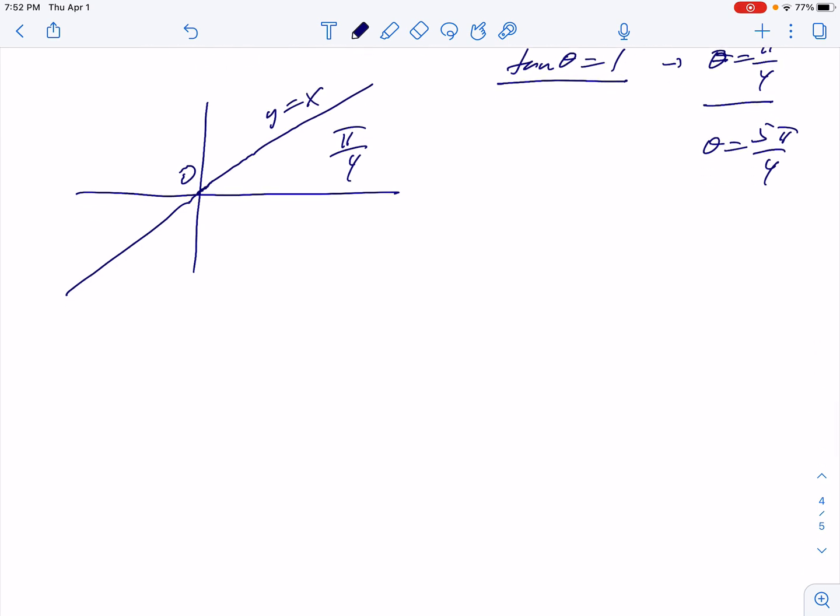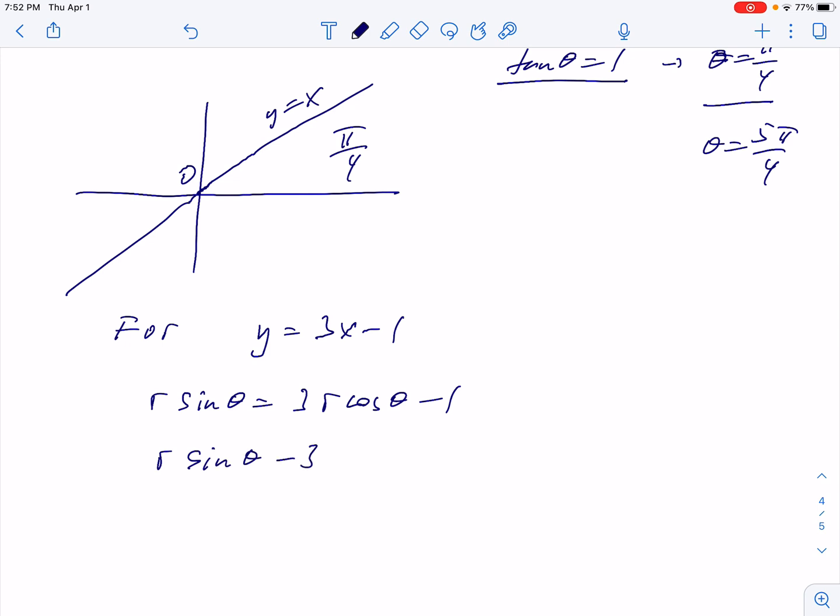It's not always like that. If you take another line, let's say a simple line y equals 3x minus 1, let's see what the polar equation is. We replace x and y correspondingly by polar coordinates, so this will be r sine theta equals 3r cosine theta minus 1. We solve for r. We can write it this way: r sine theta minus 3r cosine theta equals negative 1.